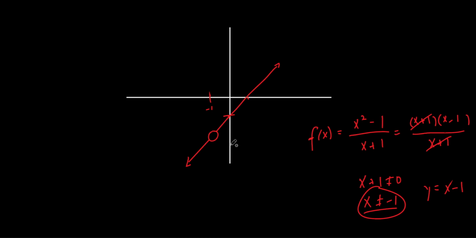So that's what your graph looks like, right? It looks like y equals x minus 1 with one exception. What's your one exception? When you have x equal negative 1, it can't show up on the graph. So it's a hole. And we call this point discontinuity. Now, that's what this book calls it.